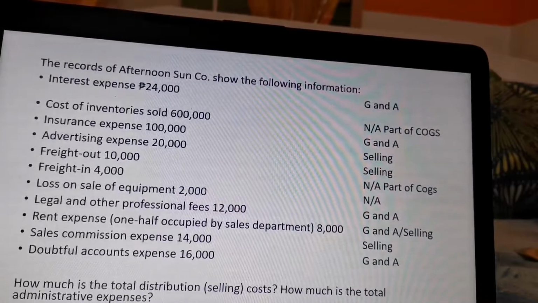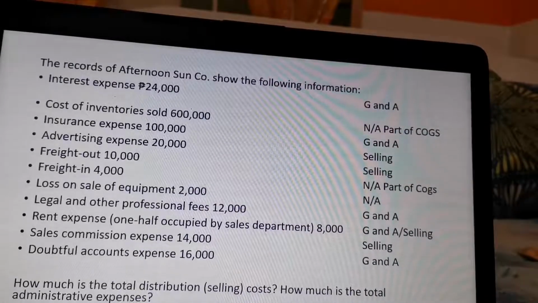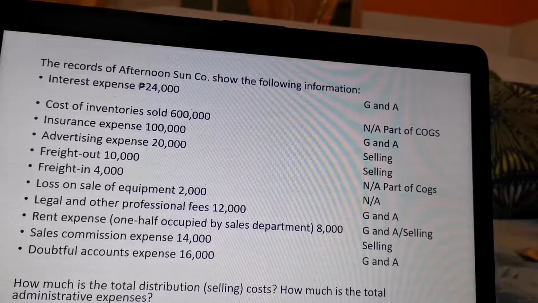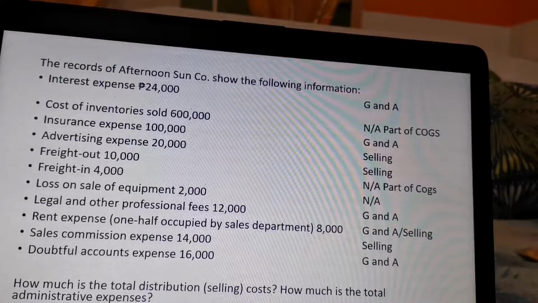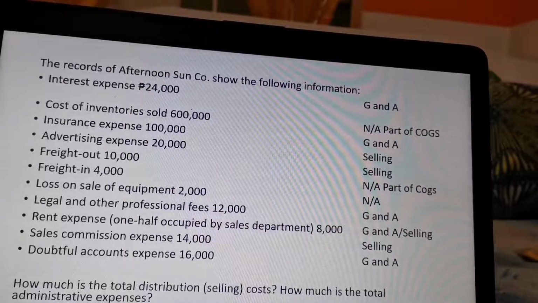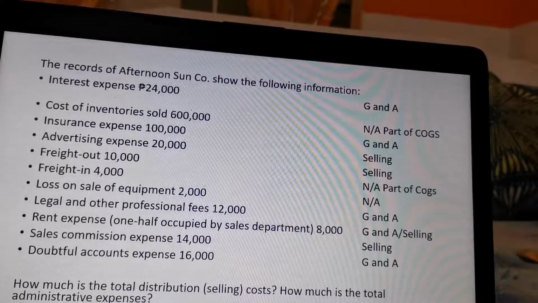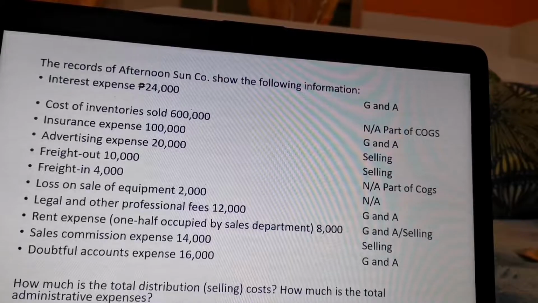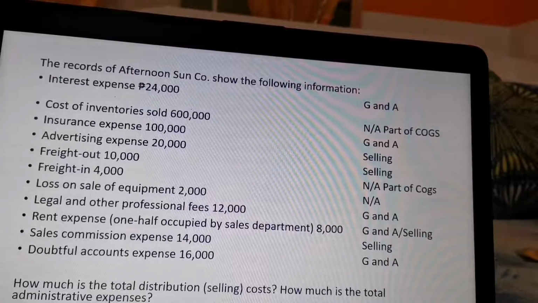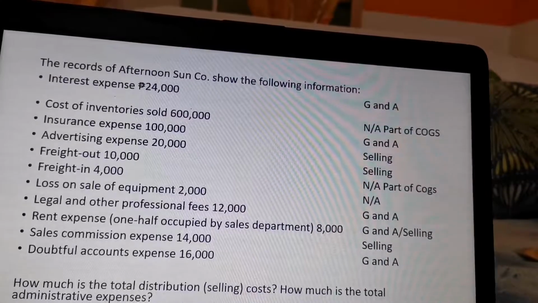Freight out, ayan. When you say freight out, ito yung kapag nakapagbenta kayo, ito yung tinatawag natin na transaction cost, or shipping cost. Ayan, so from the seller, papunta kay buyer, gagastos sila ng shipping cost. So, yung freight out ay part siya ng selling expenses.